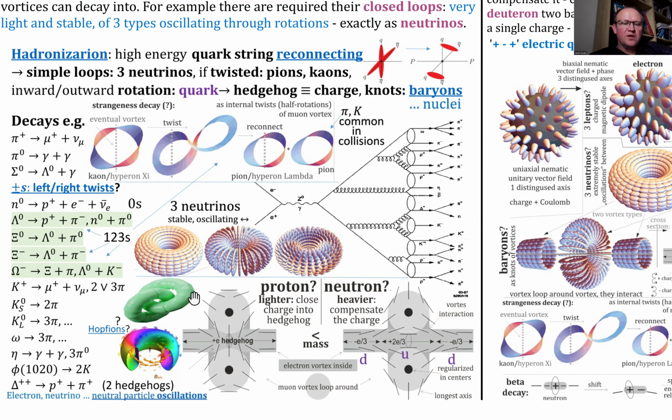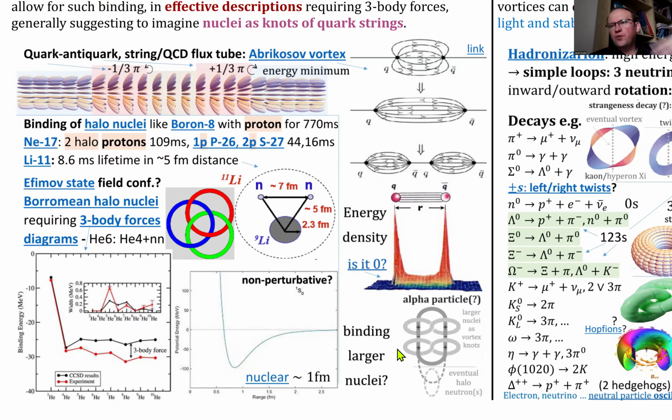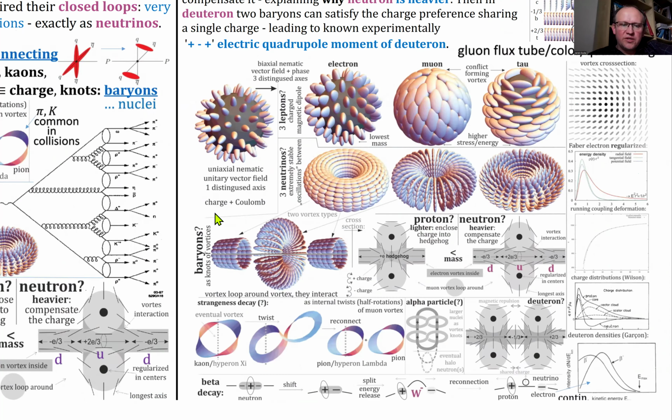But first of all, if we believe that these topological vortices are crucial in nuclei, then baryons should also be the simplest knots. So let's think about the baryons now. Here is the simplest knot of such topological vortices. We have one vortex inside and a second around.